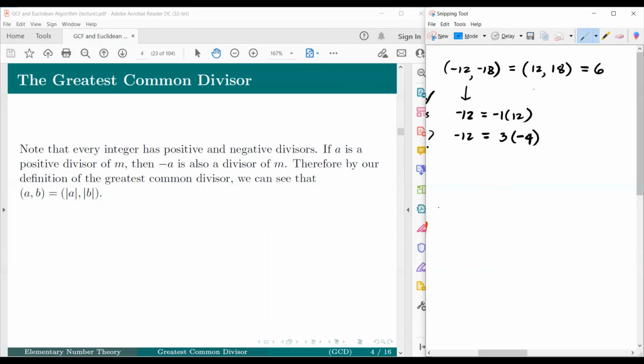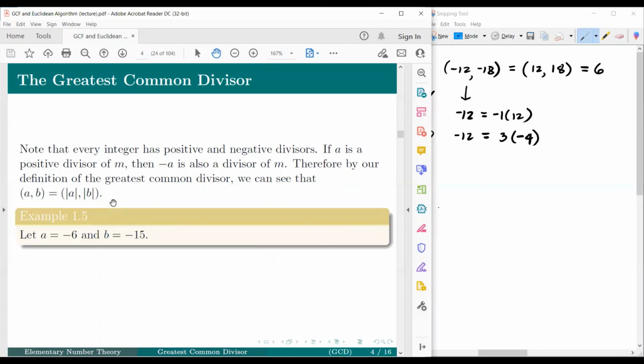So we have the absolute value of A, where in our example A is negative 12 and B is negative 18, and their absolute values are 12 and 18. So they have the same GCD. Take note, because we are considering the greatest common divisor. For example, let A be negative 6 and B be negative 5.